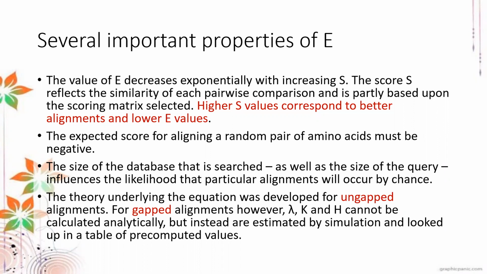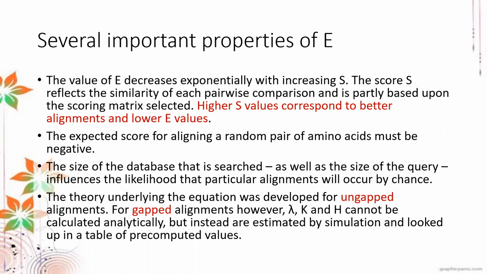That's a usual tendency for people. Aside from low E and high S values, the expected score for aligning a random pair of amino acids must also be negative. Otherwise, you would have a high E value.